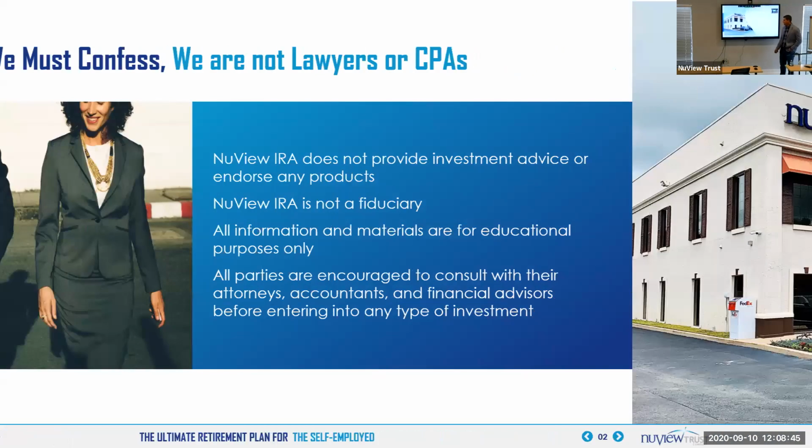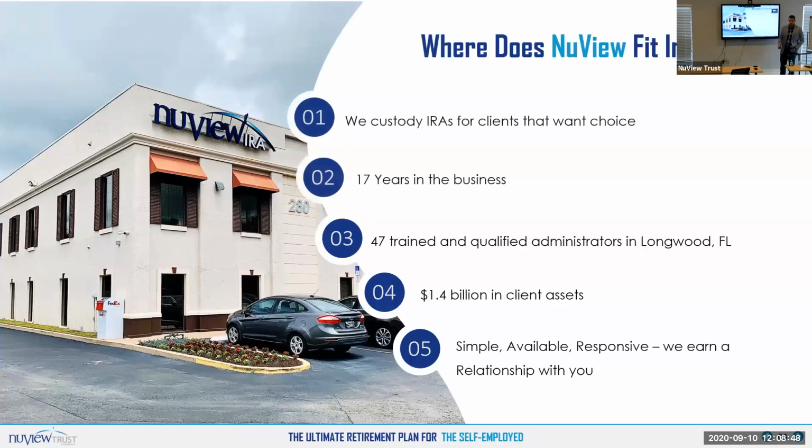Speaking of who we are, what we do, how does it work? NuView Trust, we've been in business now going on our 18th year. We service about $1.5 billion of retirement assets. That is a mix between predominantly custody of IRAs, self-directed by nature, as well as record keeping of 401k assets for the plan that we're going to be talking about today.